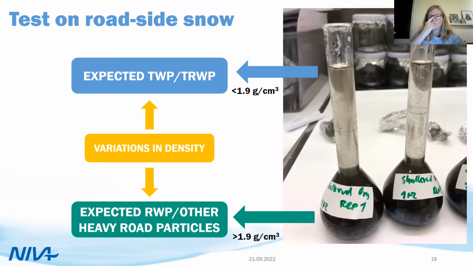However, we expected that the tire wear particles, or most of them, should be in the light fraction, or the fraction that will float, using this density separation. And then we expected that the road wear particles, the heavy particles, would be in the bottom of this.